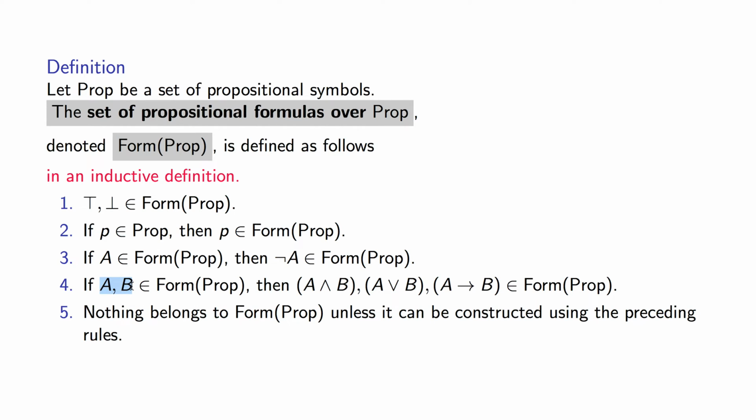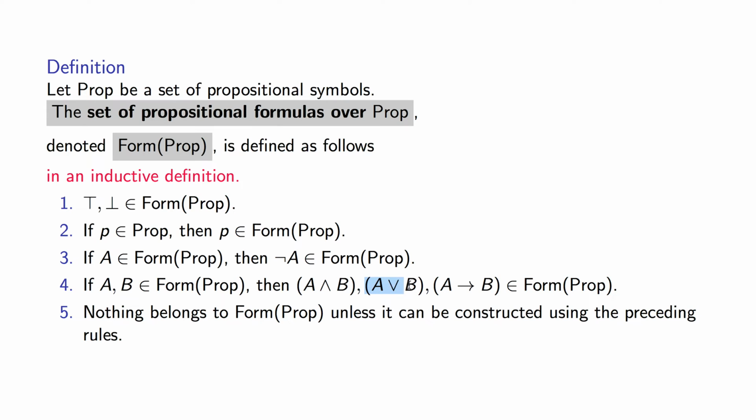If a and b are formulas over prop, then you can write a and b with the conjunction symbol in between and with parentheses around, and the resulting expression is a formula over prop.